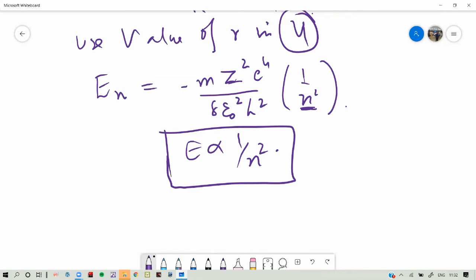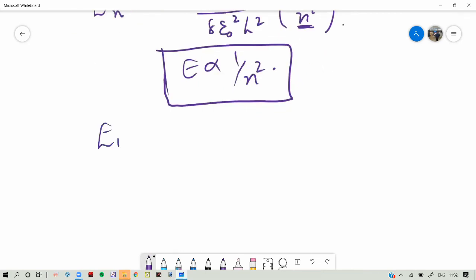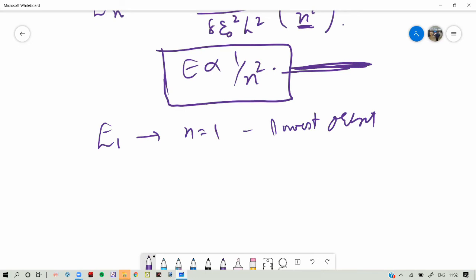If you put in the values of m, Z, e, epsilon, h, and then change the value of n, you will find E1 for n equal to 1, the lowest orbit. It will be large, and you will find E1 is 13.6. It is attractive, that is why it is minus here.